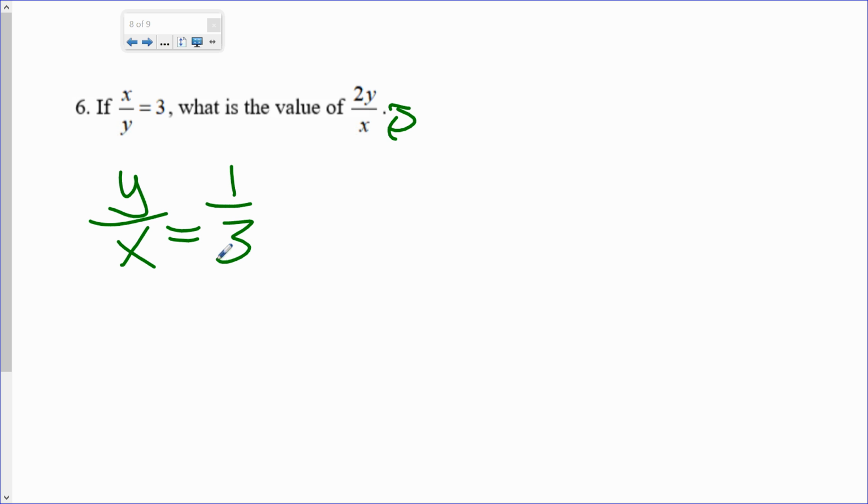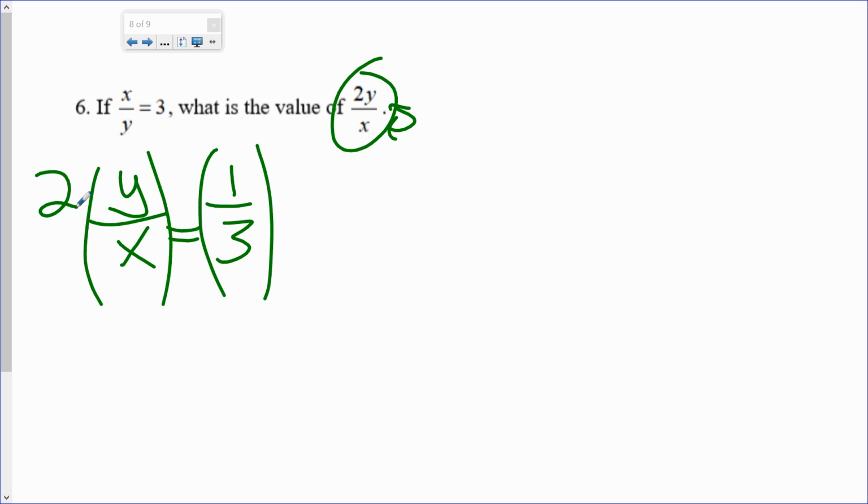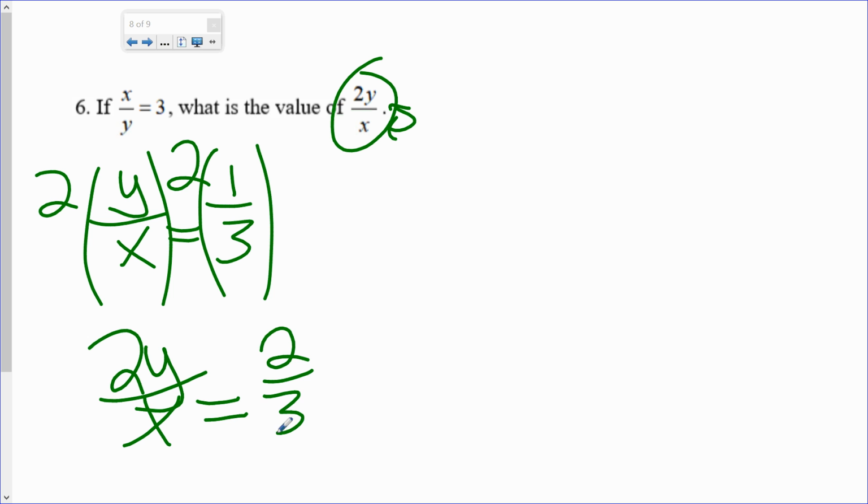If I need to do the reciprocal, then I do the reciprocal of both sides. Now, I don't want y over x, I want 2y over x. So in order to get 2y over x, I'm multiplying both sides by 2. So 2y over x equals 2 times 1 over 3, which is 2 over 3, and that's my answer.